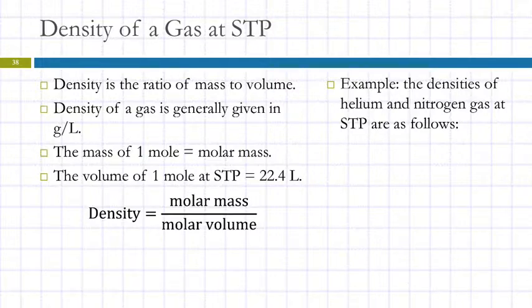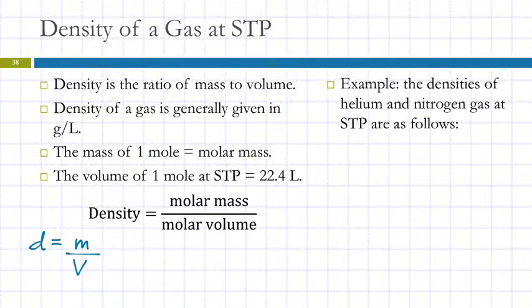So I prefer to think of it as, well, what's density? We've done density before. Density is mass divided by volume. So if I'm calculating the density of a gas, they don't tell me what the mass is, right? They don't even tell me what sample of gas I'm dealing with, because it doesn't matter.